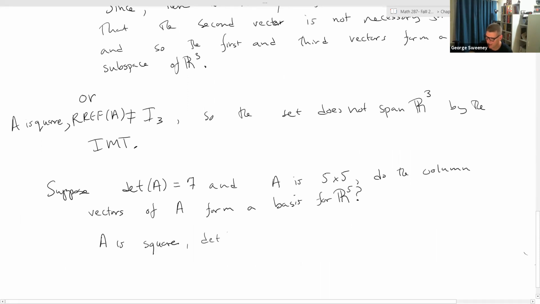The determinant of A does not equal 0, and the column vectors of A are in R5 because it's 5 by 5.